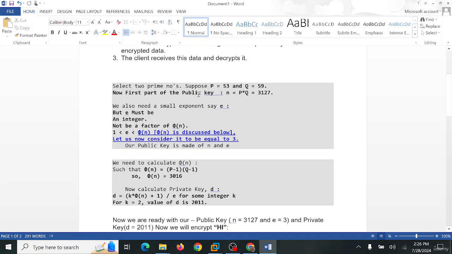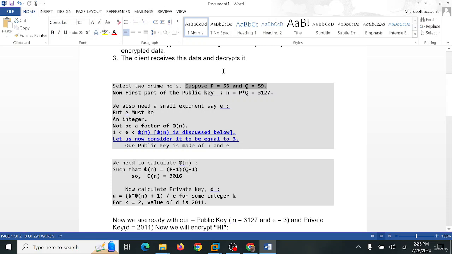For the algorithm part, let us take a simple example. First of all, we suppose two prime numbers, P and Q. In practice, these will be very large numbers, maybe 512 bits, 1024 bits and so on, because if P and Q are known, then the RSA algorithm can be easily cracked.